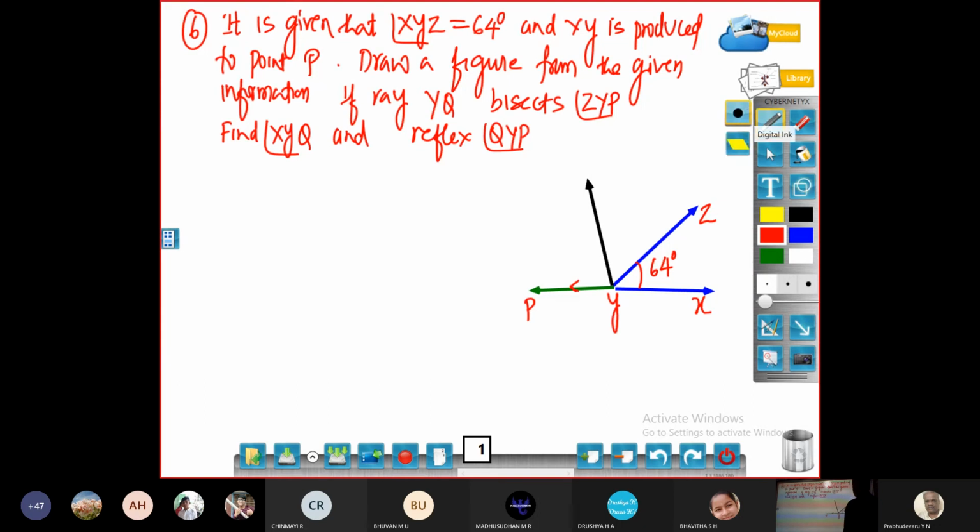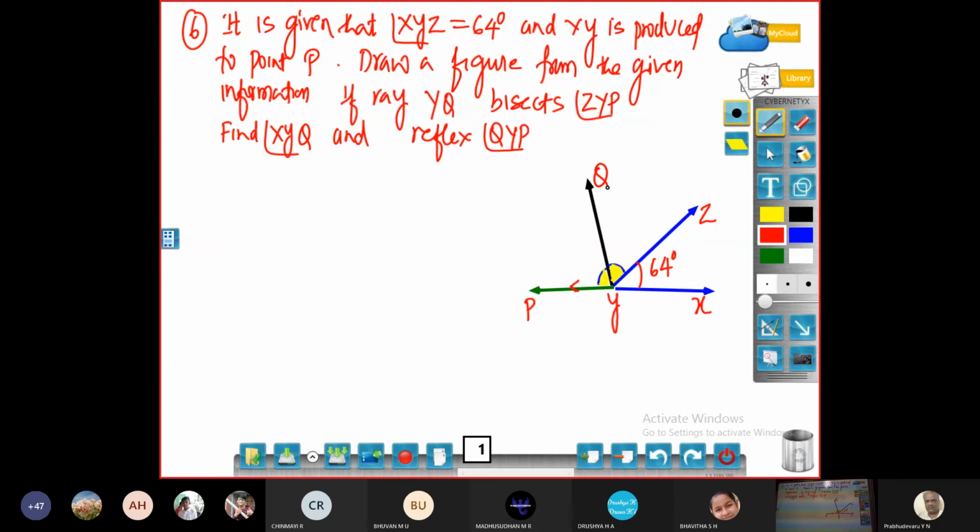Now these two angles are equal. This angle is equal to this angle because YQ is a bisector of these two angles, point Q.